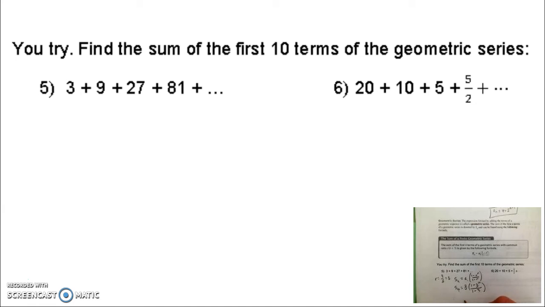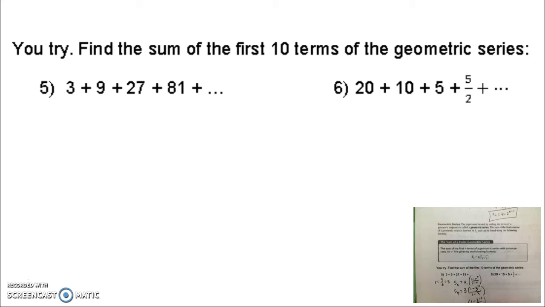Let's try and simplify things a little bit. In the denominator, I have negative 2. So 3 times 1 minus a really, really big number gives a negative number.